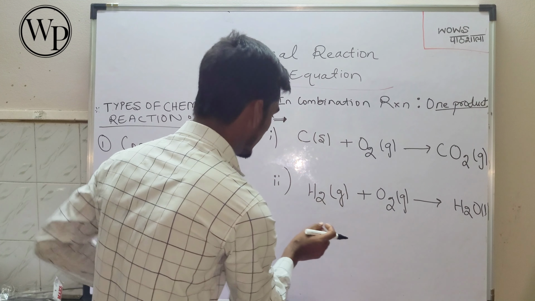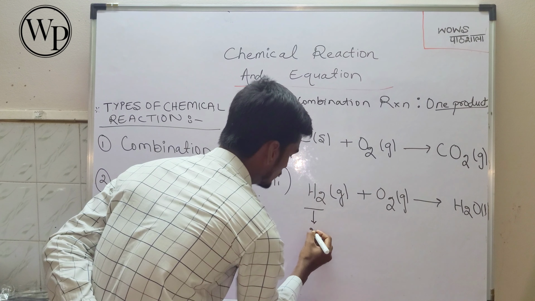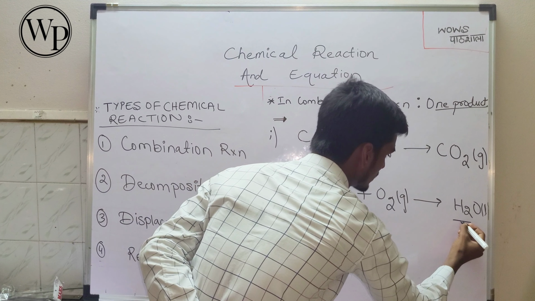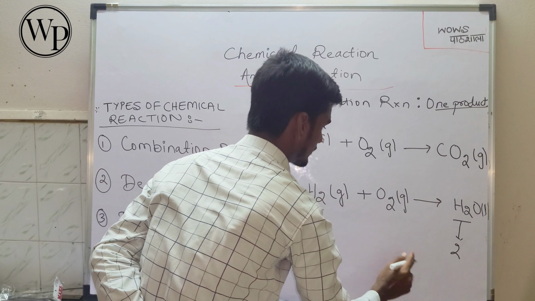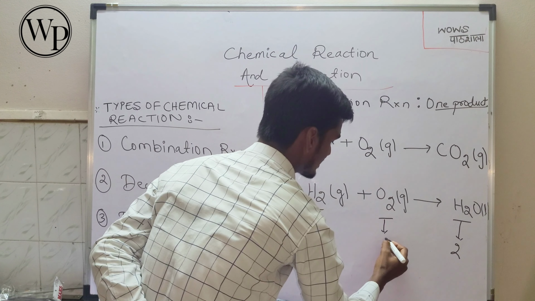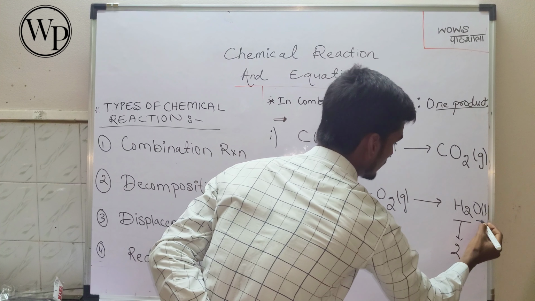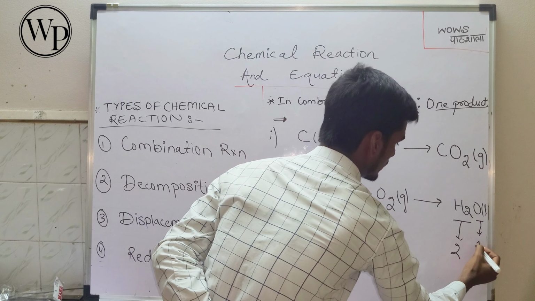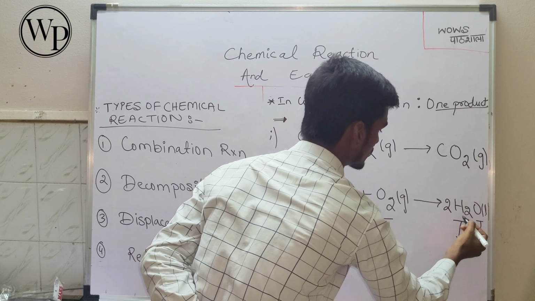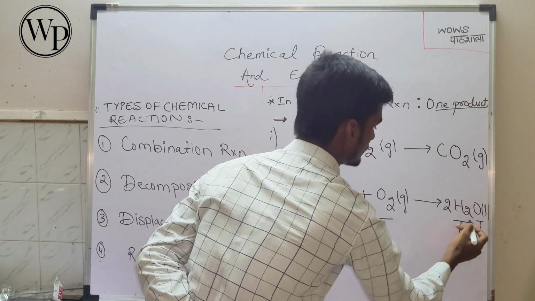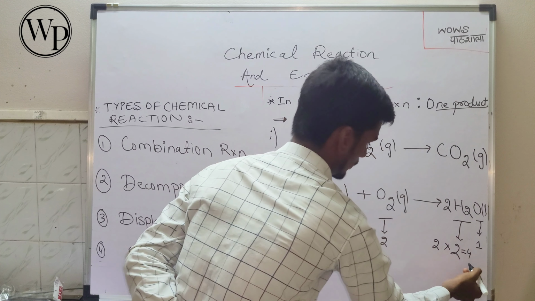How many hydrogens are there in the reactant? 2. And in the product? 2. So hydrogen is balanced. But what about oxygen? Oxygen in the reactant is 2, but in the product there is only 1. So we balance the oxygen by multiplying the water molecule by 2, and the hydrogen in the product becomes 4.